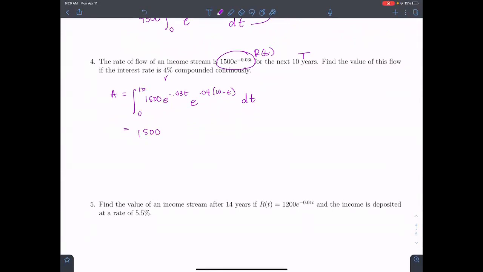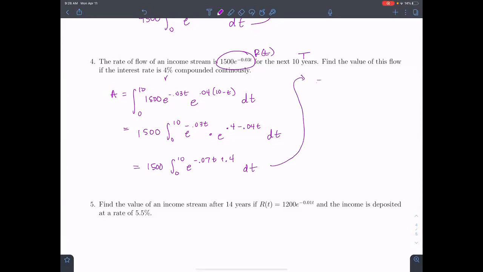Times the integral from 0 to 10 of e to the negative 0.03t times e to the 0.4 minus 0.04t dt. And then we're going to add these exponents. So negative 0.03 and negative 0.04, that gives me e to the negative 0.07t plus 0.4 dt. There's 1,500 out here still.